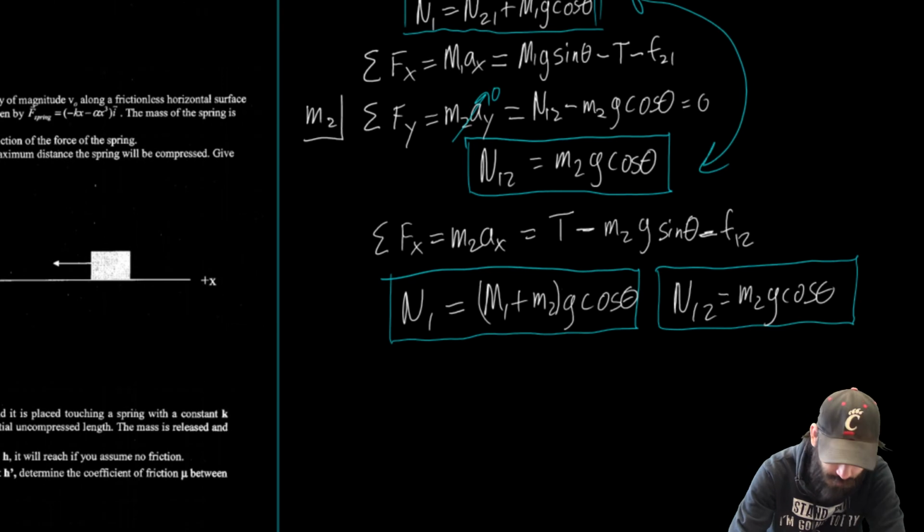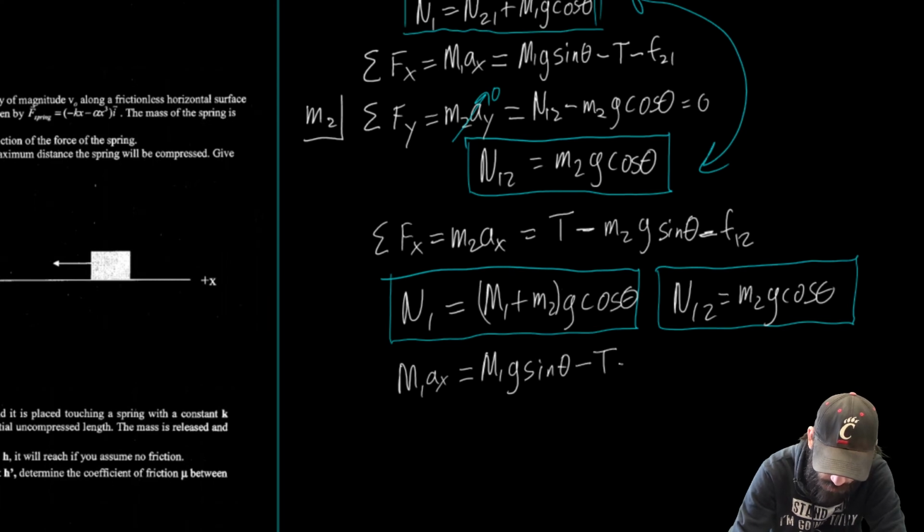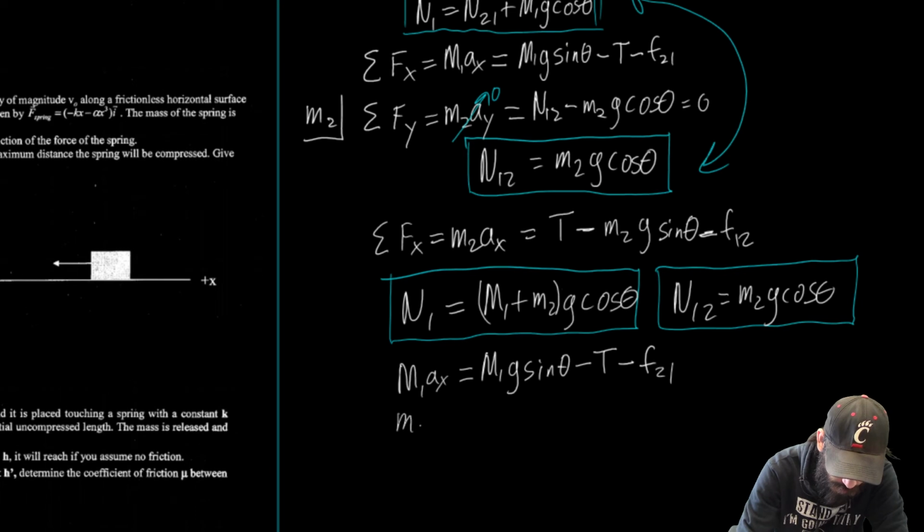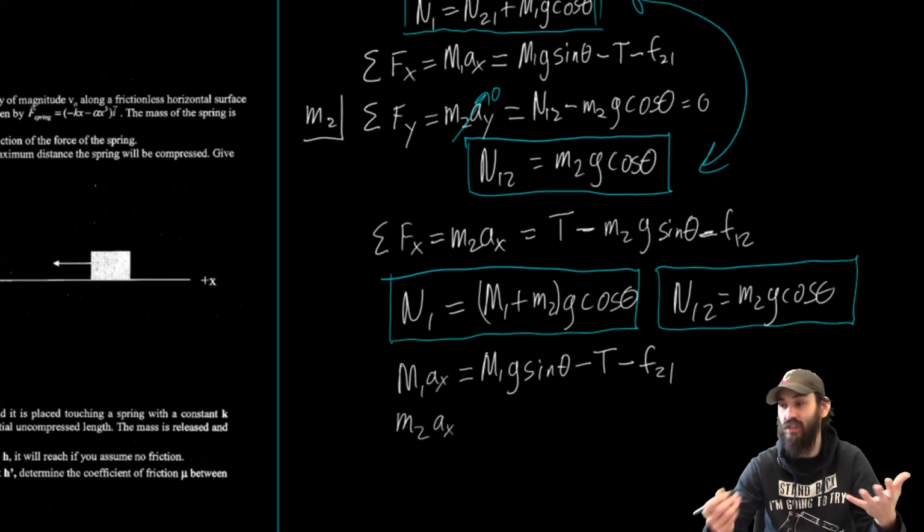And then we have the equations from our sum of forces in x. So this is going to be M1AX is going to be equal to M1G sine of theta minus T minus F21, and then M2 AX, because we're going to say these have the same acceleration, right?